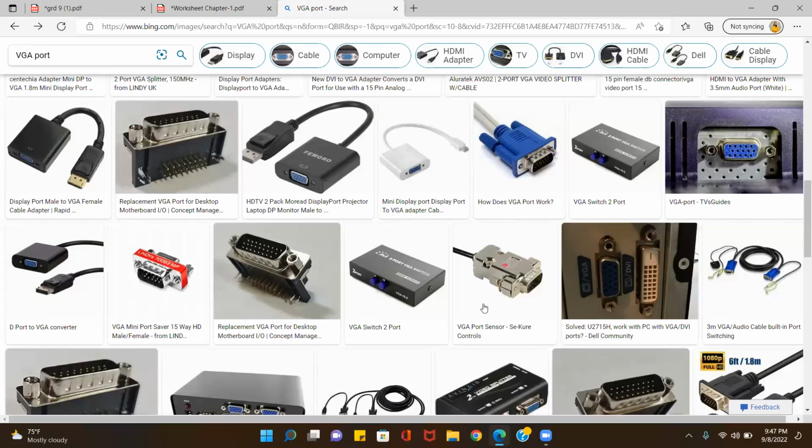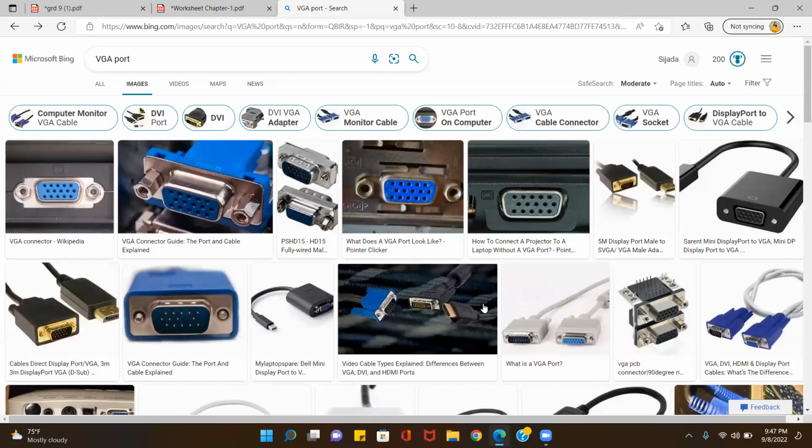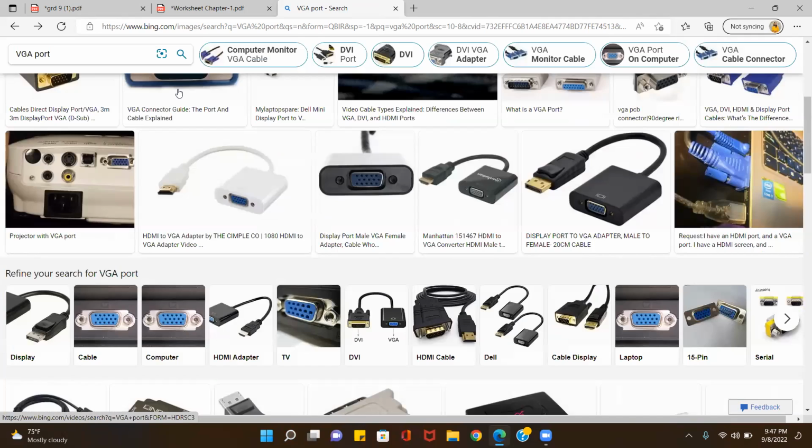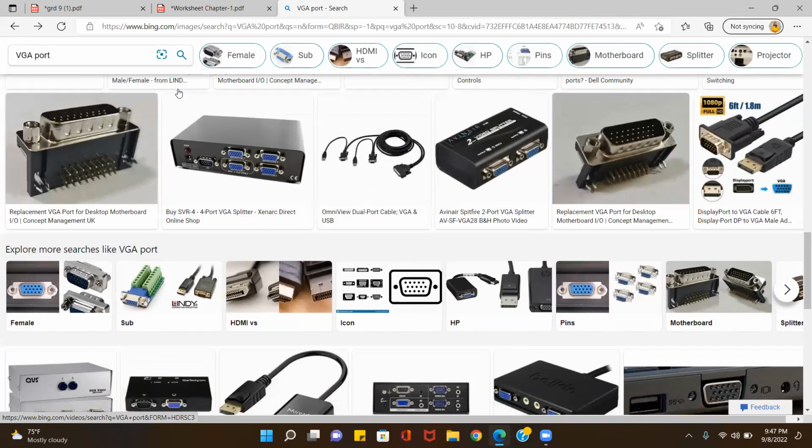If you are using a desktop computer, you need to separately attach a monitor, right? So in order to attach a monitor separately, you need to have this video graphic adapter. A video graphic adapter actually has 3 kinds of ports.